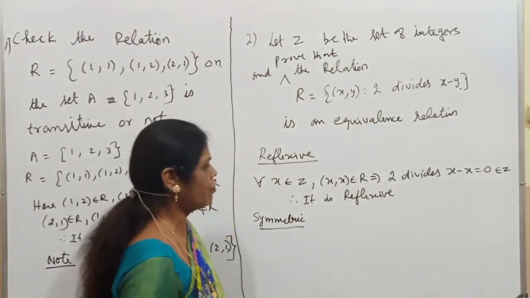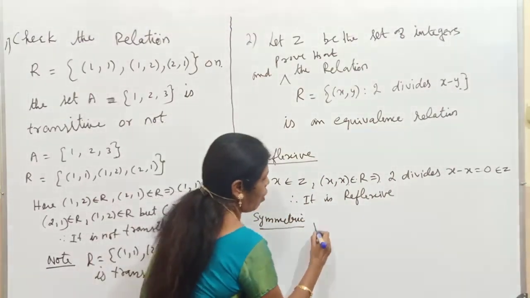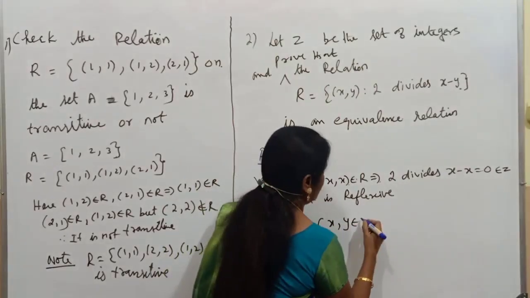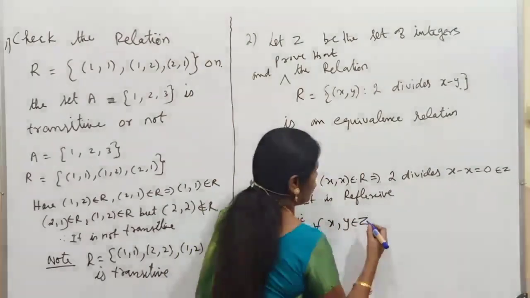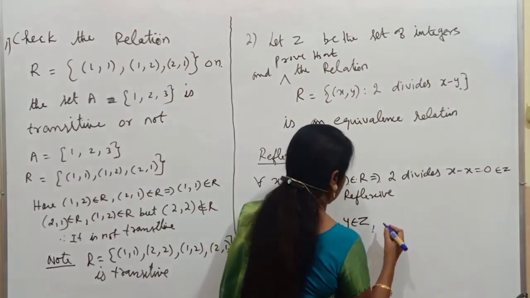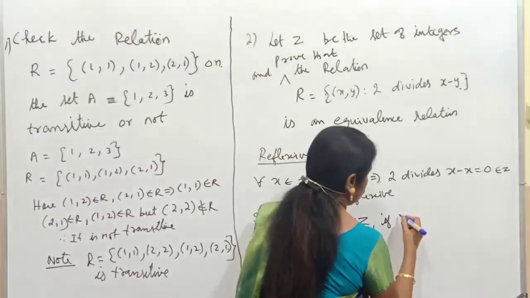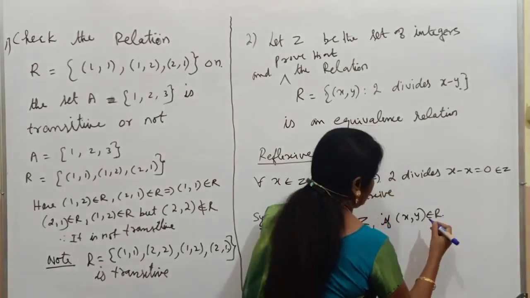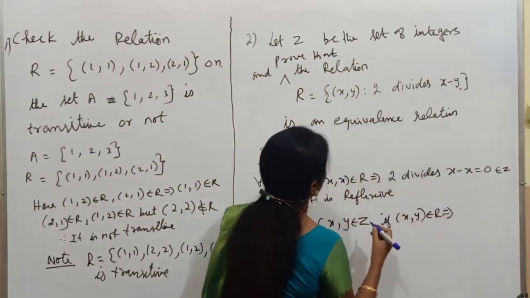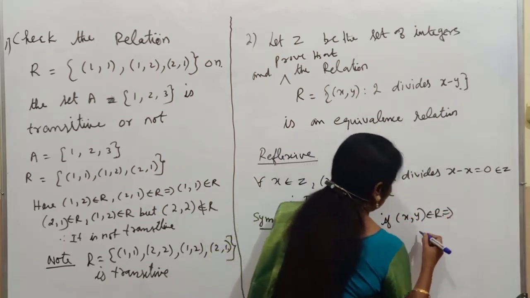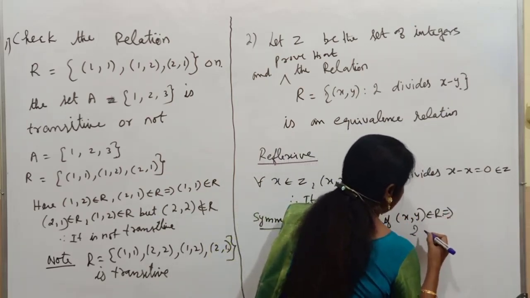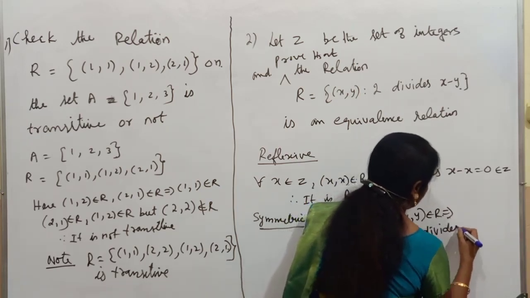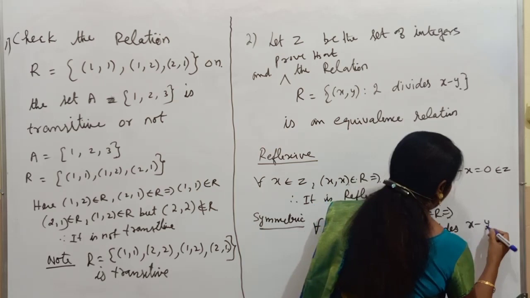For all x, y belongs to integer, if (x, y) belongs to R implies 2 divides x minus y.